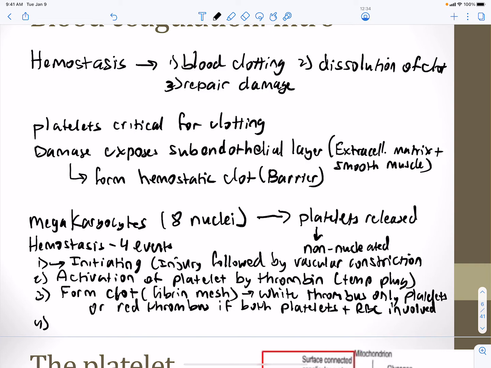And then finally you have dissolution of the clot. This is going to occur via plasmin, and this will allow for normal blood flow to return.